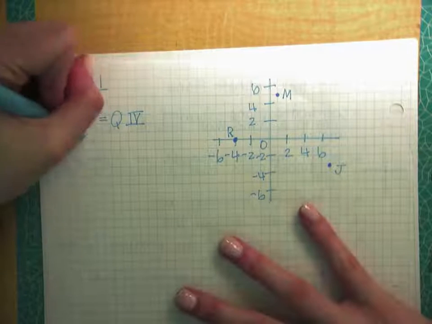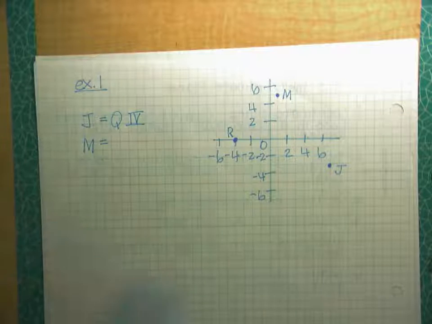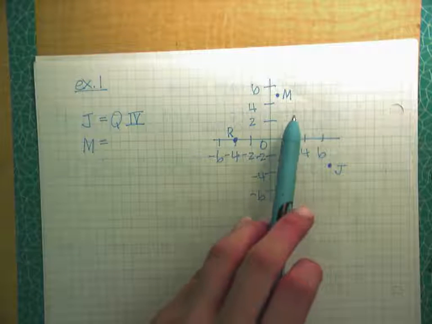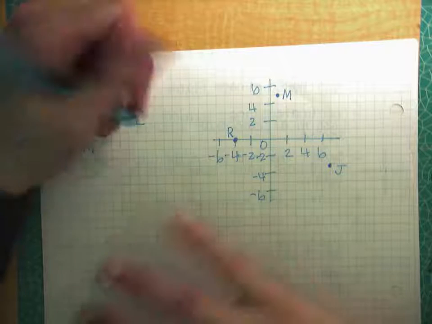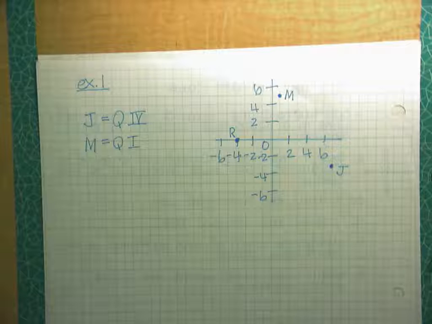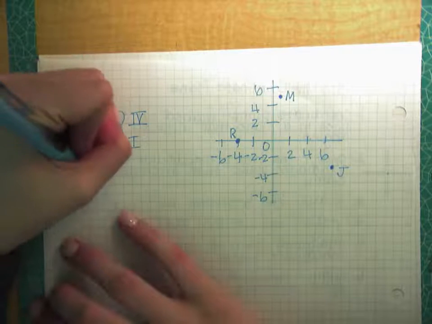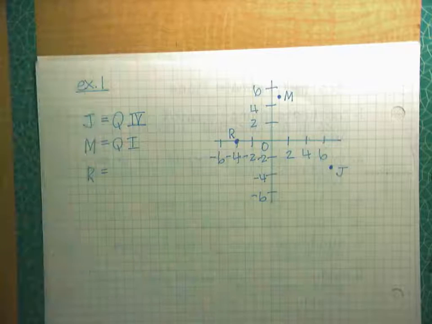All right, let's look at point M. Point M looks like it is in this quadrant here, which would be quadrant 1. Now what about point R?